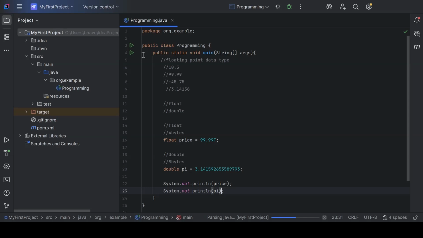Float occupies 4 bytes and requires the F suffix. Double occupies 8 bytes and provides higher precision. For most applications, double is the preferred choice.